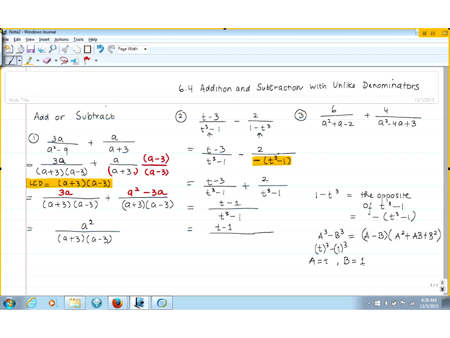What is a minus b? p minus 1. A squared. What is a squared? p squared. Plus ab. So plus, what is ab? p. Plus b squared. b squared is 1.